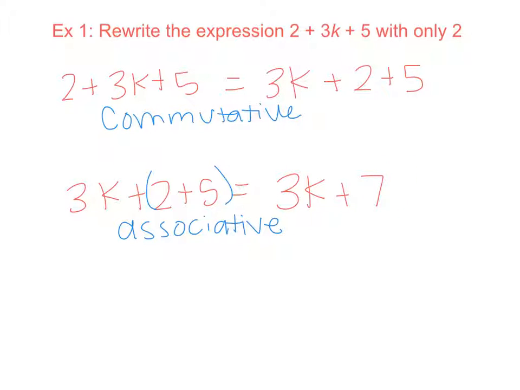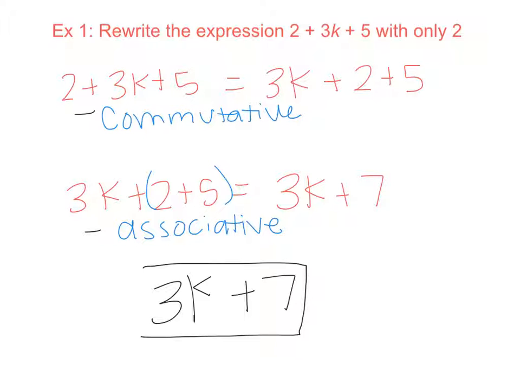It's very similar to what we did yesterday, but it's a proof of why what we did yesterday works, because of these properties or rules of operations. We can make 3k plus 7 an equivalent expression to the one we started with.